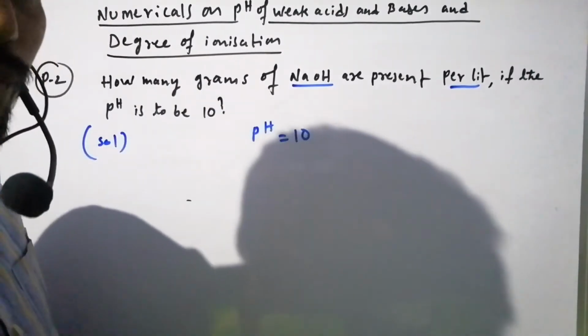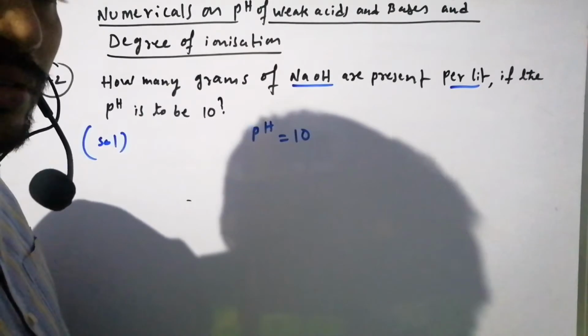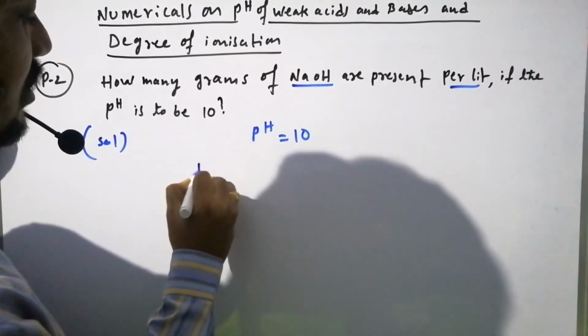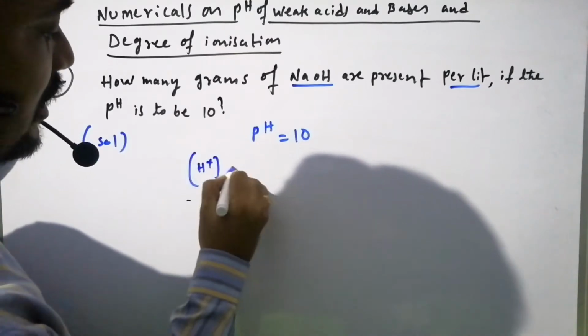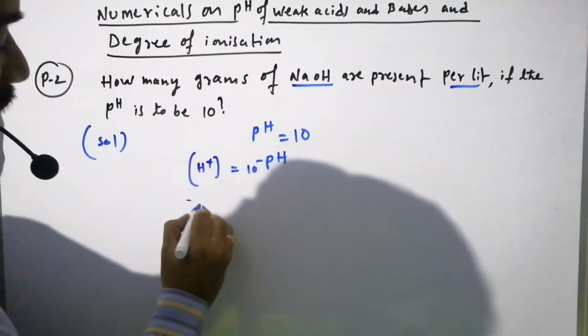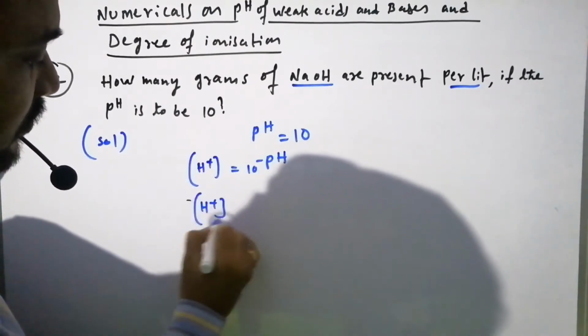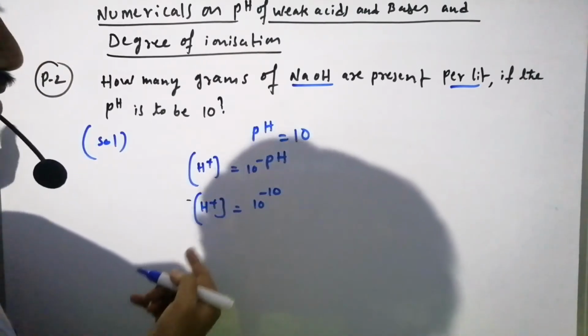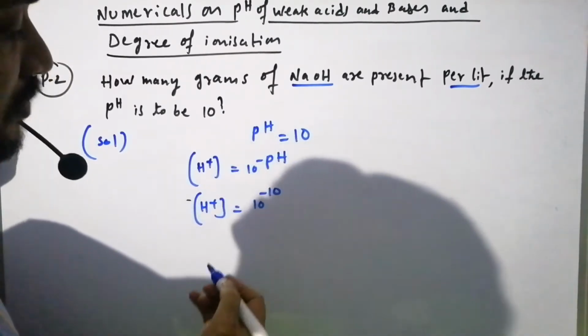By using pH value, we should find out H plus concentration. So here H plus concentration is equal to, already we know, 10 power minus pH. That's why H plus concentration is equal to 10 power minus 10. By using this one, OH minus concentration should be found out.